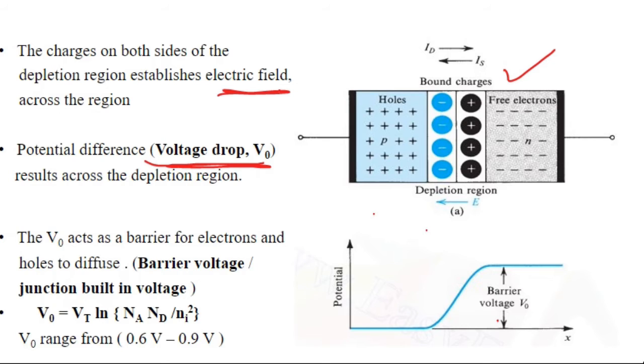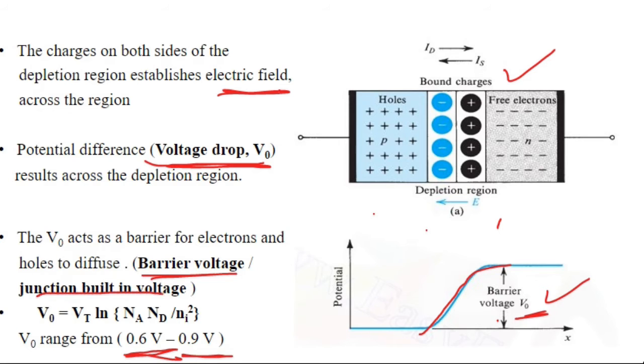Here you can see V0, a barrier voltage. It is also known as the barrier voltage, formed across the junction, which increases from the P side of the junction to the N side and attains a constant value V0, whose value ranges from 0.6 volts to 0.9 volts.